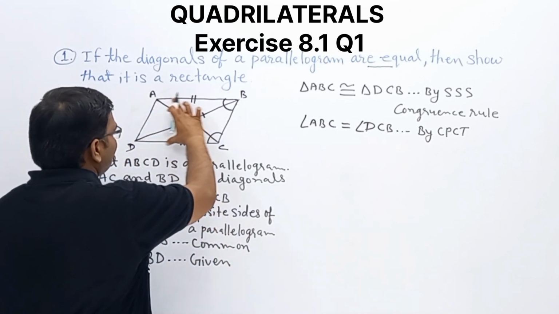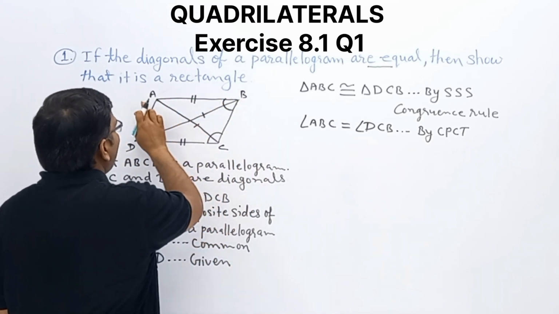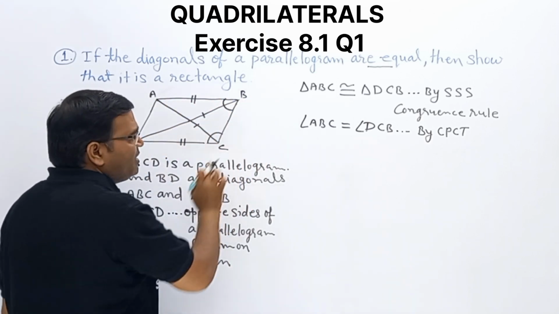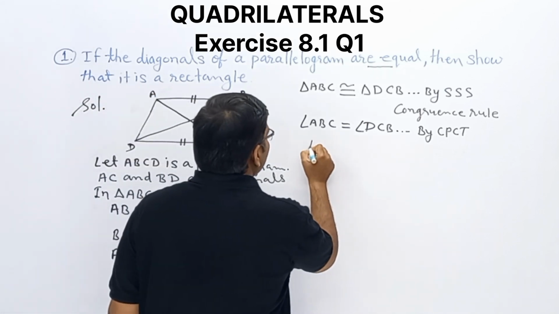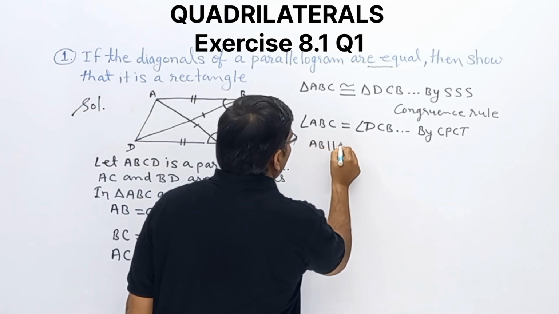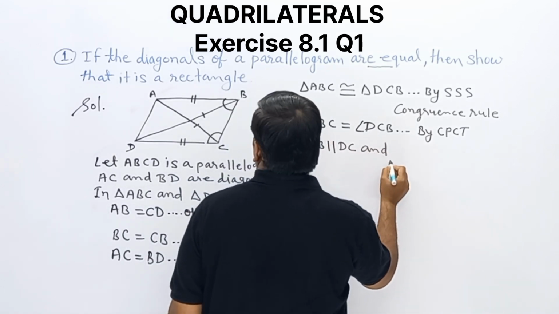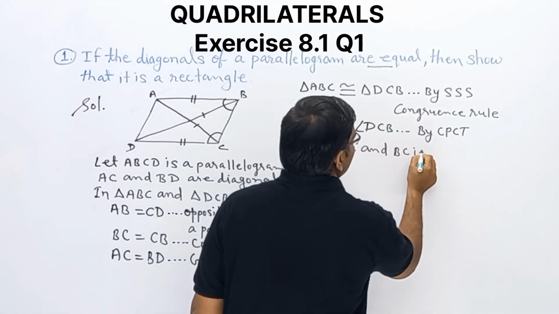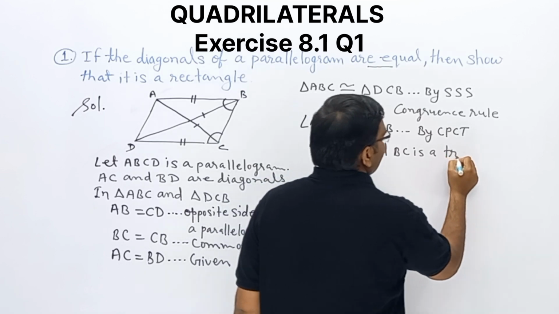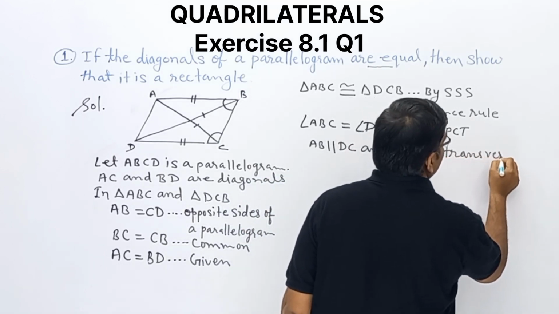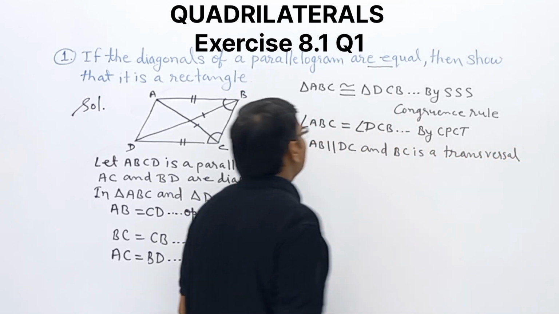Now once we observe, we are getting AB is parallel to DC, and BC is a transversal.